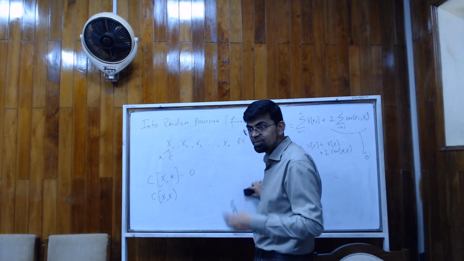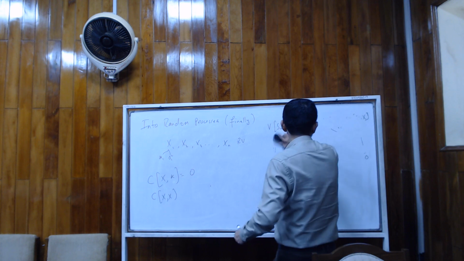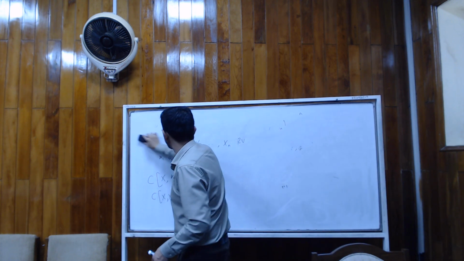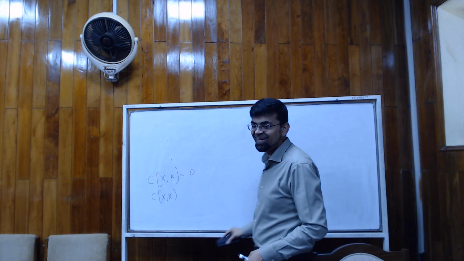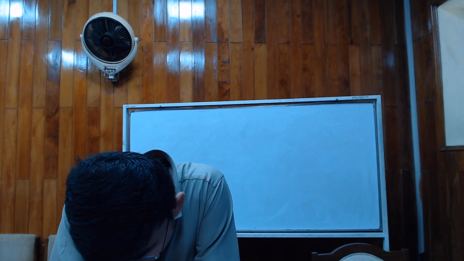Yes, but this is covariance, so it has to have something else. No, X and X are random variables, X is a random variable. You can try in many different ways. Try the formula if you like.